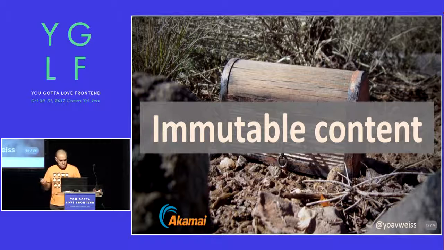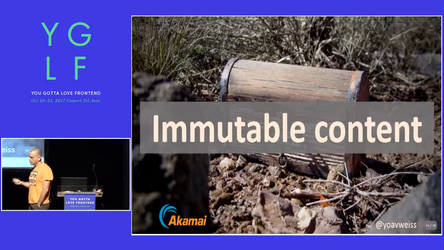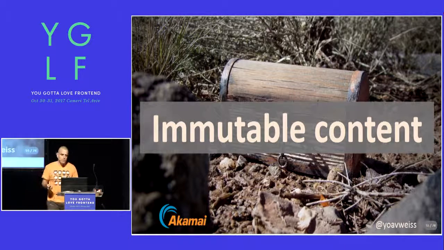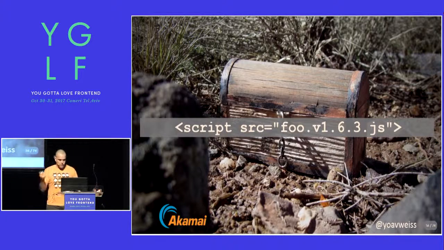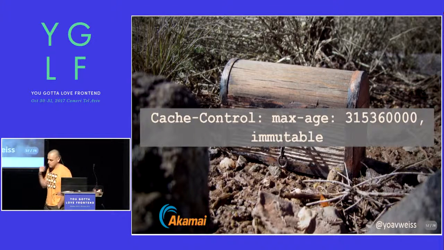So if you have static content that you can change all the references to, for example, your script resources or your CSS resources, which you can version or add a hash to their URL, you should probably serve them as immutable content, which means that you can use either a very long in the future max age header as well as the immutable directive.